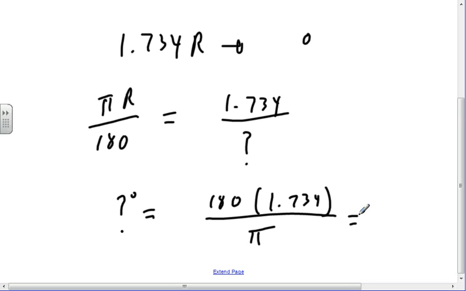And now all those things are in my calculator. 180 times 1.734 divided by pi. So I get 99.35 degrees.